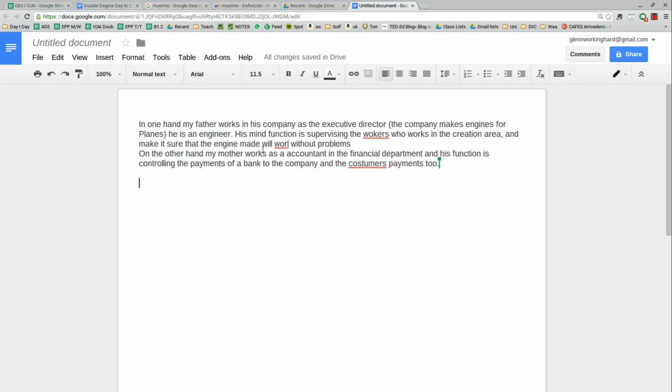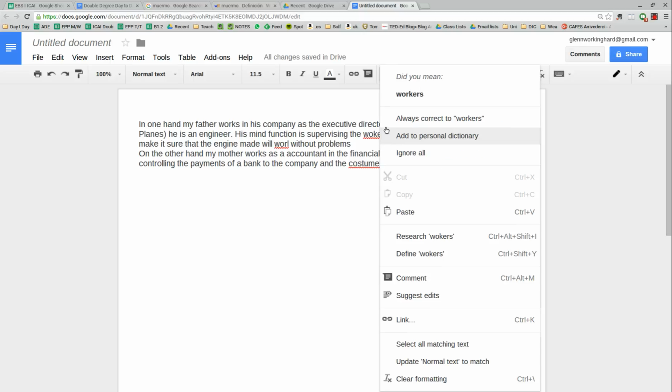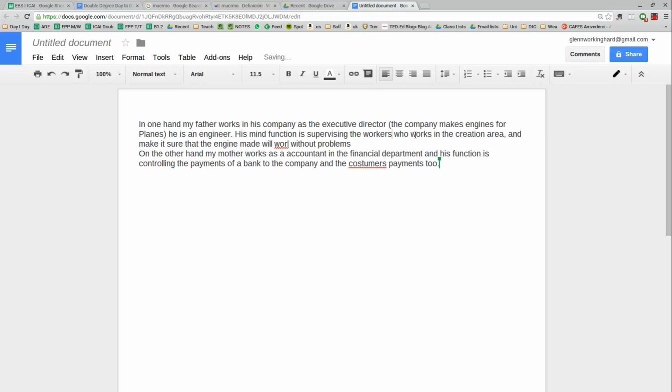Anyway, its main function is supervising the workers who work, okay, it's plural, right, in the creation area. I'm not sure what this is, really. Research and development, okay, is supervising and making. You've got to keep the gerund going.